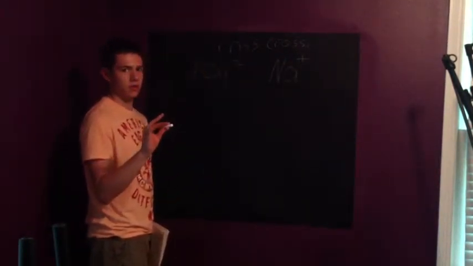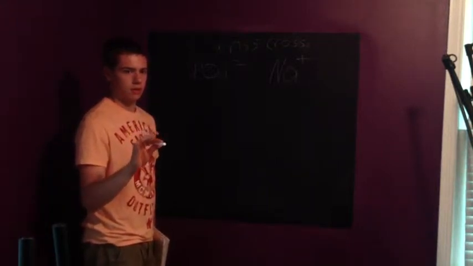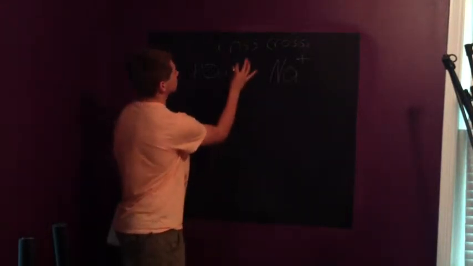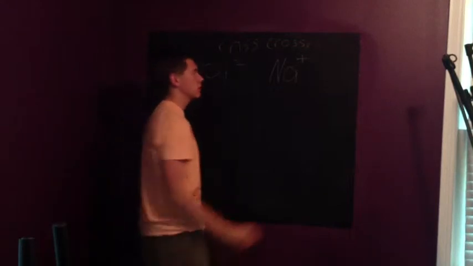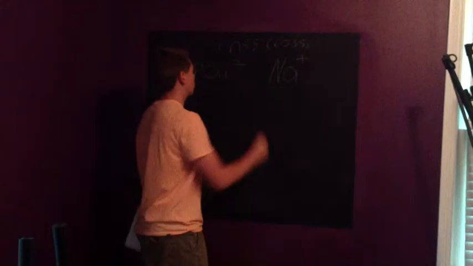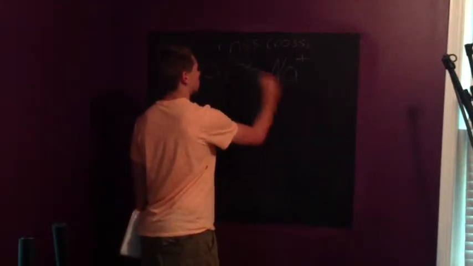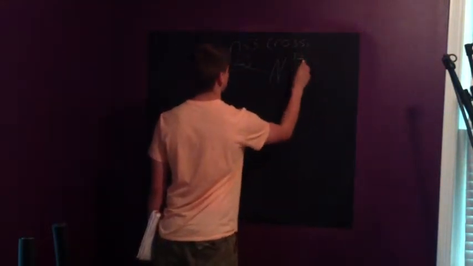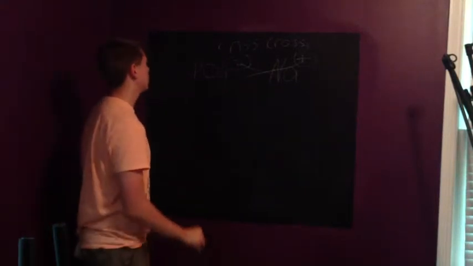So, Criss Cross method. Basically, you take the oxidation states, the minus 2, the plus 1, and crisscross them, like that.